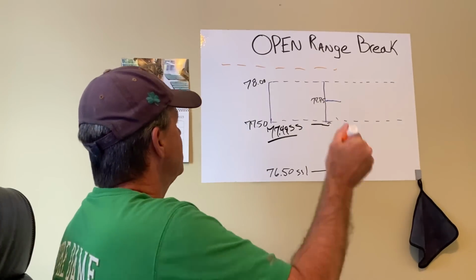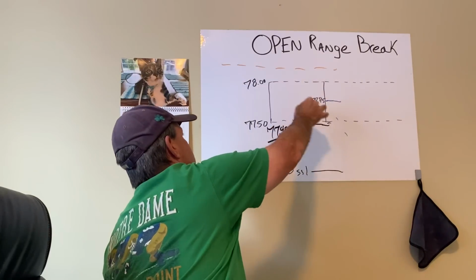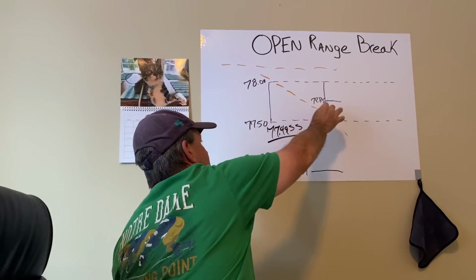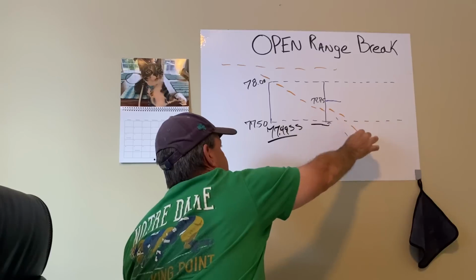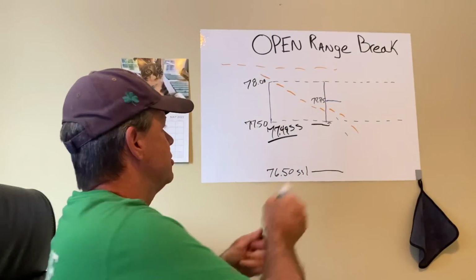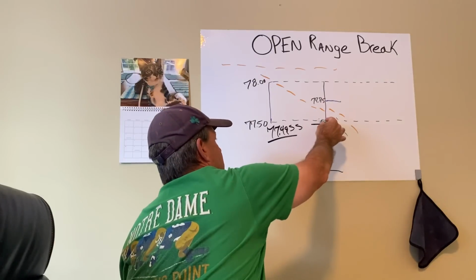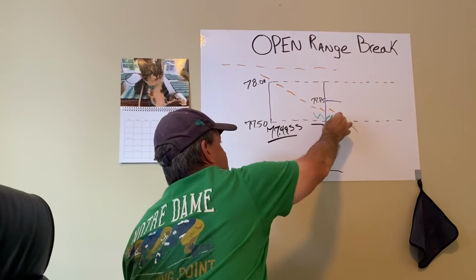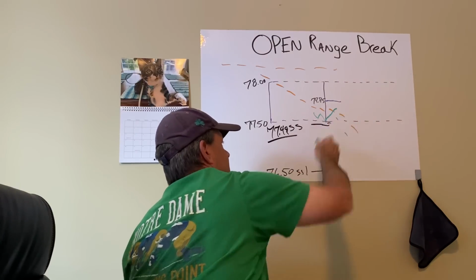So let's just hypothetically say that as price went through this box, the 5 minute gold line was going right here. I'm just using an example. And let's say price was down in this area, and then bam, into here.